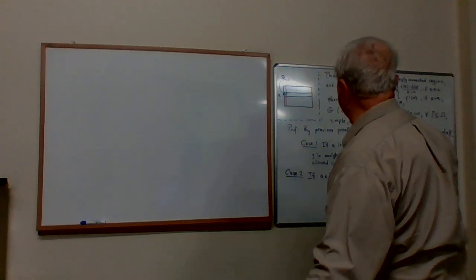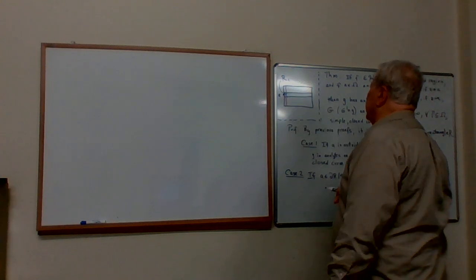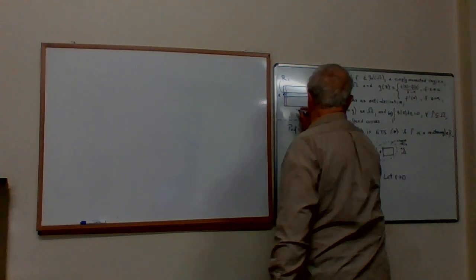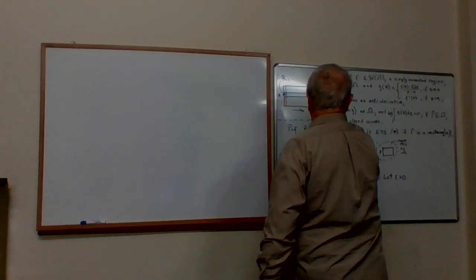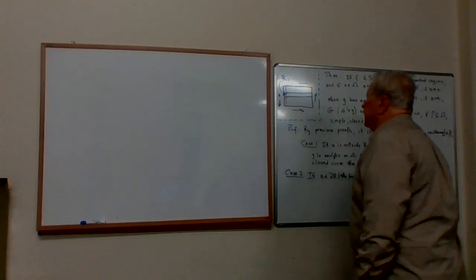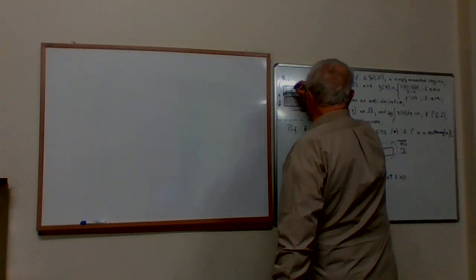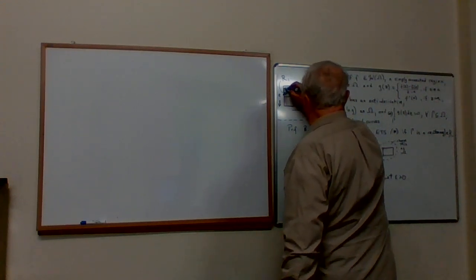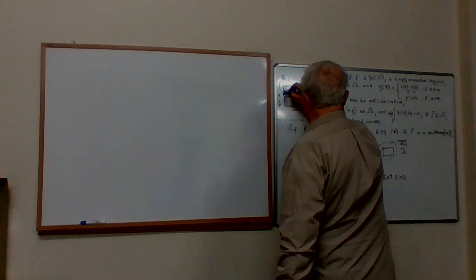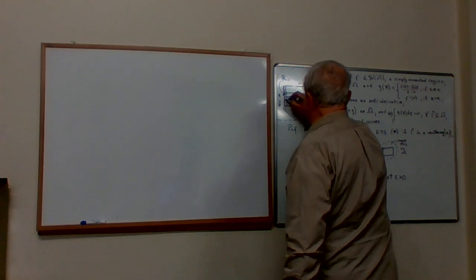Now, if we're integrating along the boundary of the big one, then as we've done several times already before, you can integrate along these rectangles and all of the interior paths cancel.